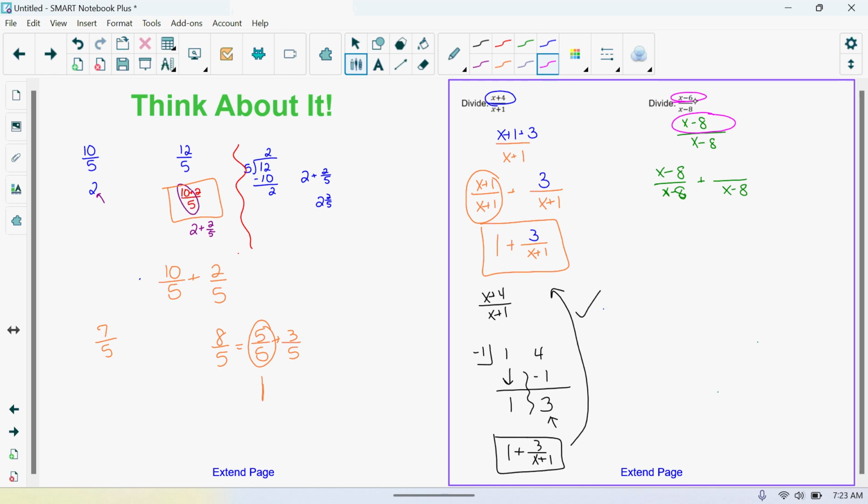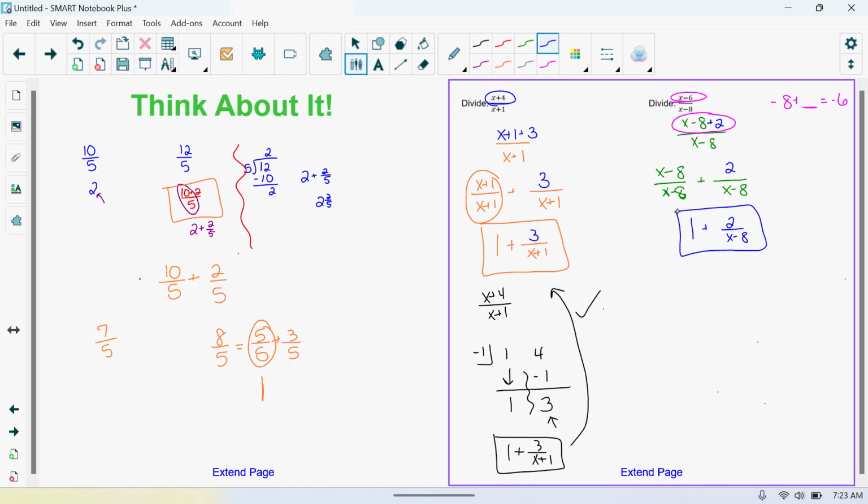Sometimes with our negatives, it gets a little confusing. Off on the side if you need, I have a negative 8 plus blank, and I want it to equal negative 6. So if you need to set up a little equation, hopefully you can recognize that you need a plus 2. That means my final answer is 1 plus 2 over x minus 8.